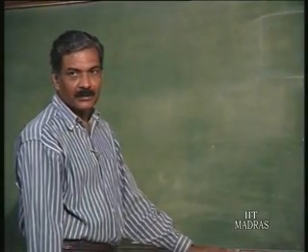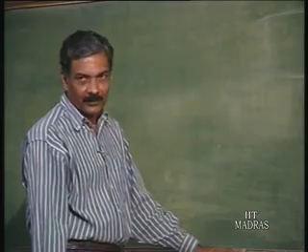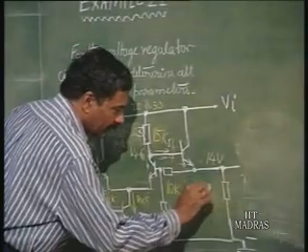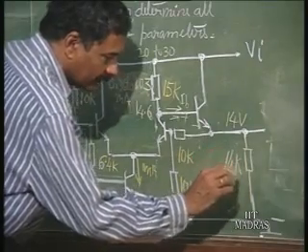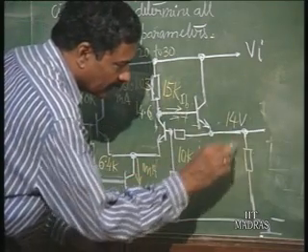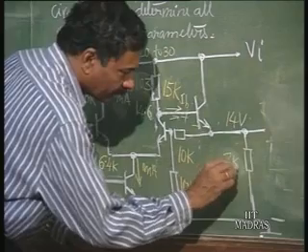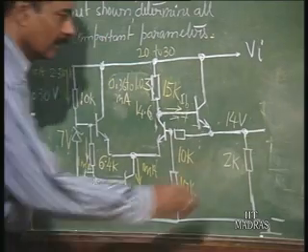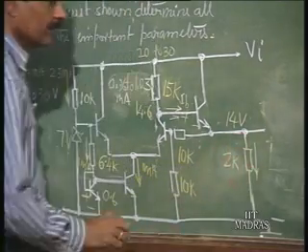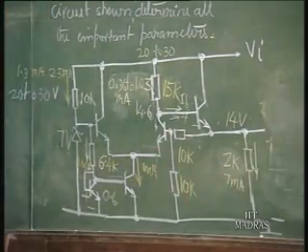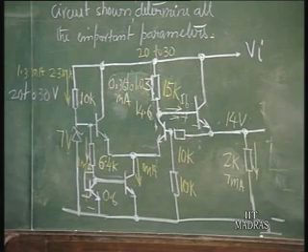As far as the other parameters are concerned, like output impedance, this can be evaluated only for a specific load. Let us take the load as, let us say, for making matters simple, 14 K. Is it possible? No, we cannot take that, because we can take it as, let us say, 2 K, between 2.6 K and 196 ohms. So the current here is 7 milliamperes, and this is again 0.7 milliamperes.